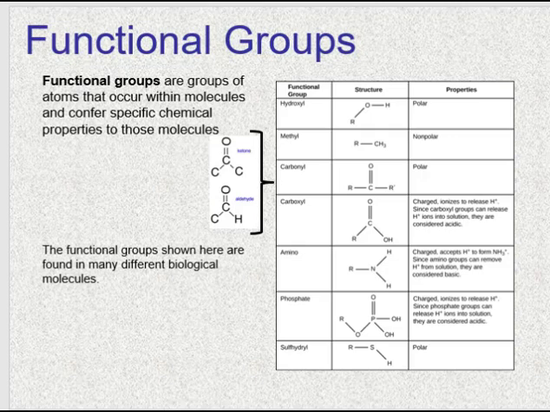Chains or rings of carbon atoms, with those occasionally substituted with another element such as nitrogen or oxygen, form this carbon backbone. Each of the 4 types of macromolecules, proteins, lipids, carbohydrates, and nucleic acids, has its own characteristic set of functional groups that contribute greatly to its differing chemical properties and its function in living organisms.